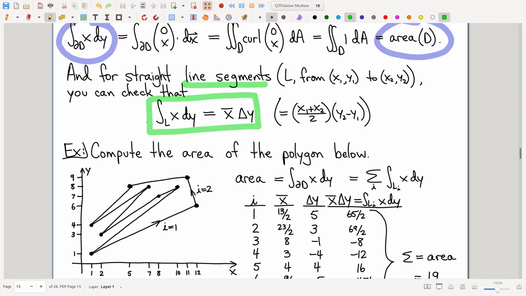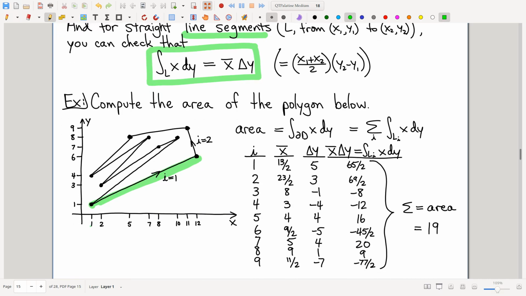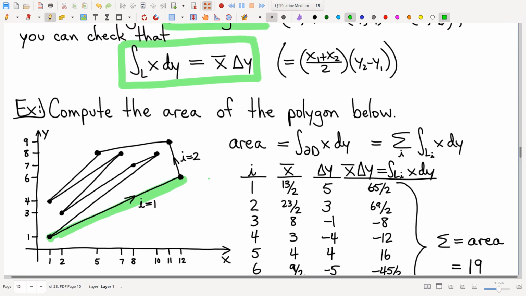And so, for example, if I were to look again at this first edge here, and let's presume that the coordinates of the endpoints are as indicated. The average value of x between 1 and 12 is 6.5. The change in y on this edge, and do keep in mind the direction, the direction matters.